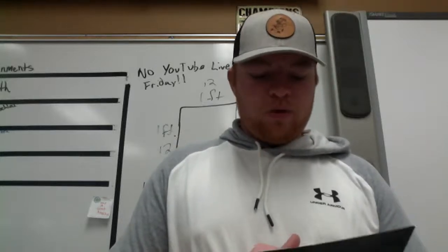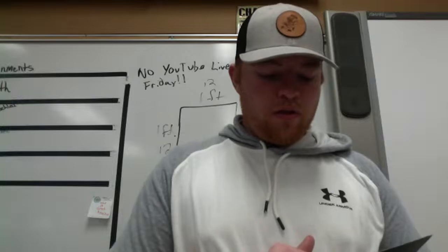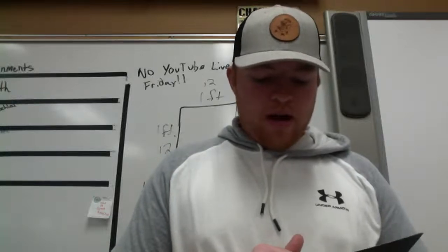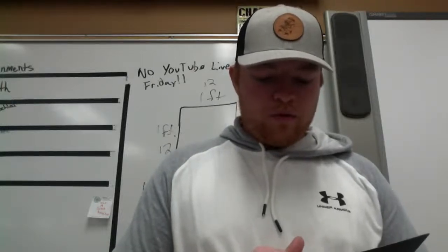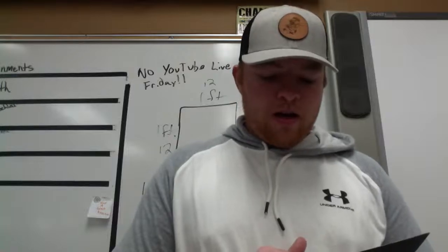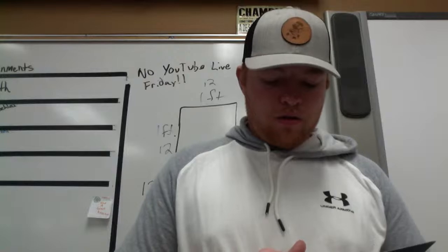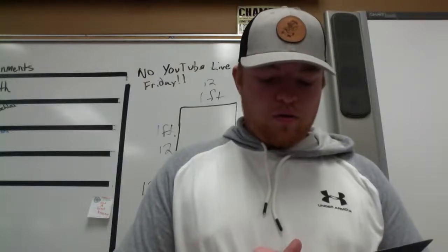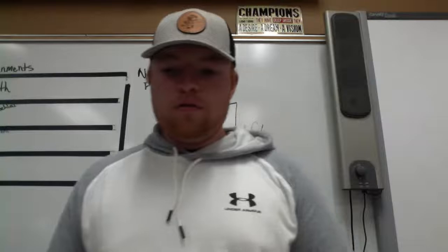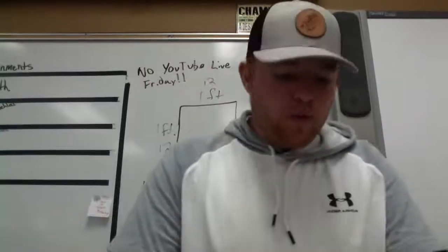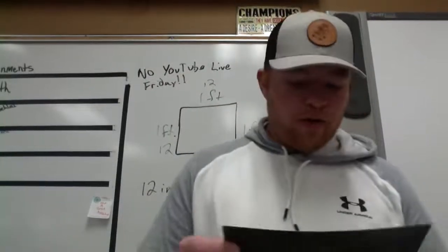So today is the 22nd. So we have 1, 2, 3, 4, 5, 6, 7, 8, 9, 10, 11, 12, 13, 14, 15, 16, 17, 22, 24 technically. We have 24 days left. I don't even know if I counted today or not.